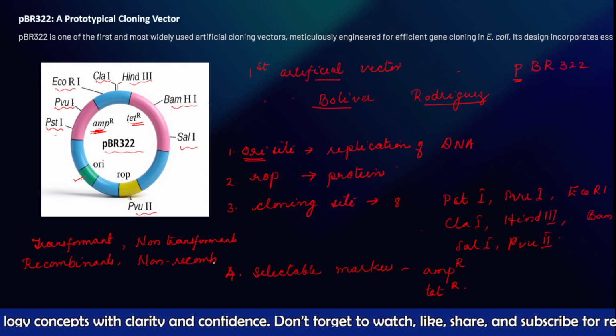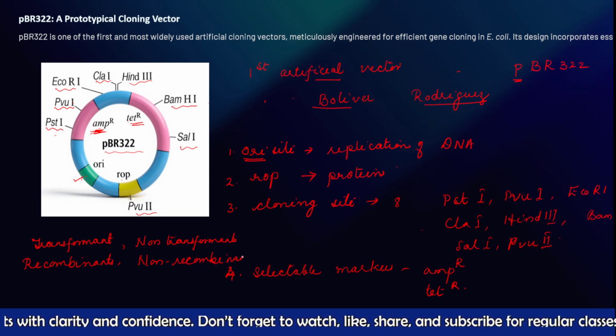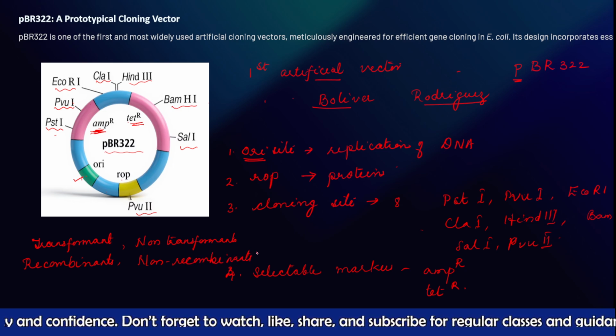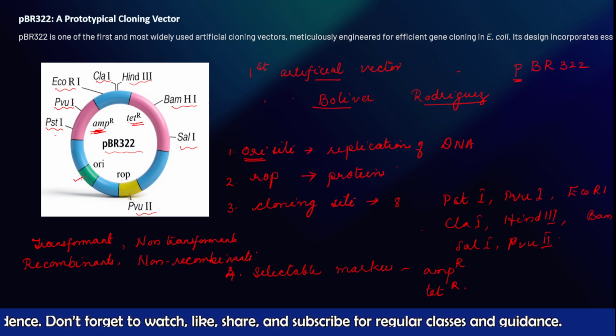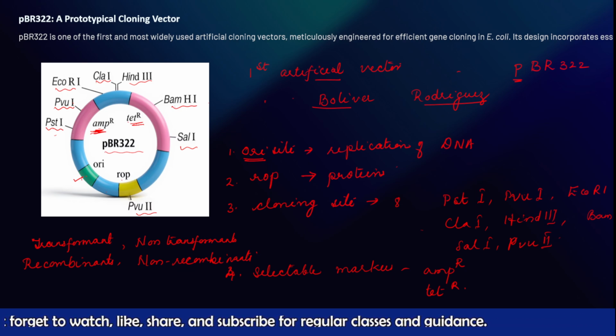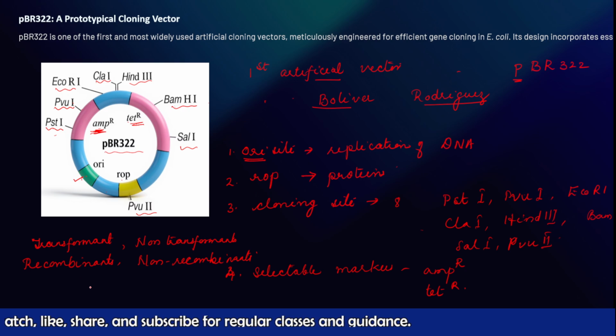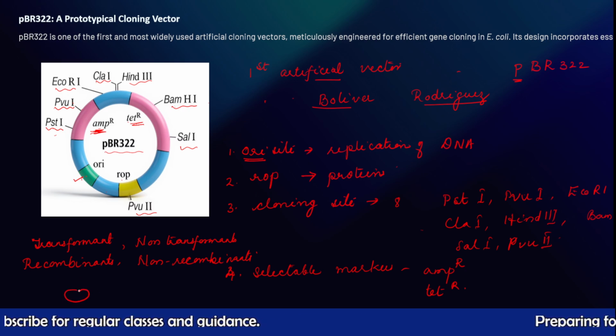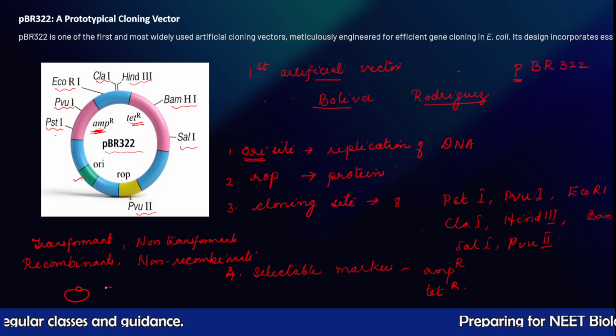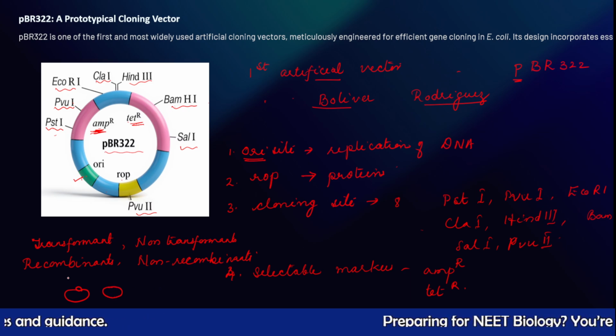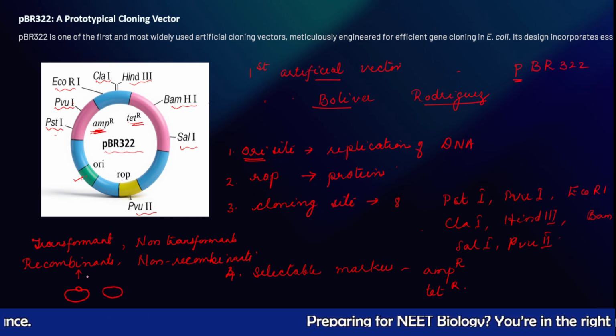Can anybody say what is the meaning of recombinants and non-recombinants? See, the plasmid which carries the alien DNA, we call recombinant DNA.